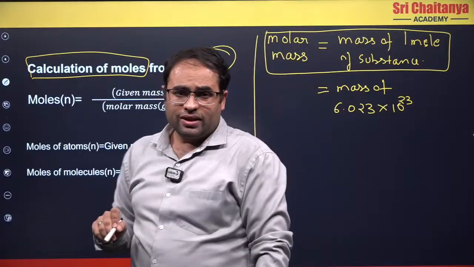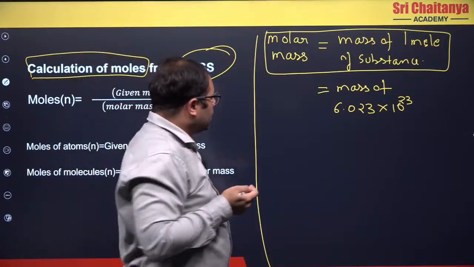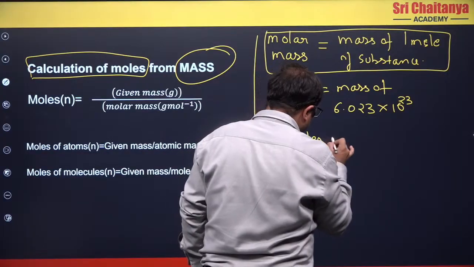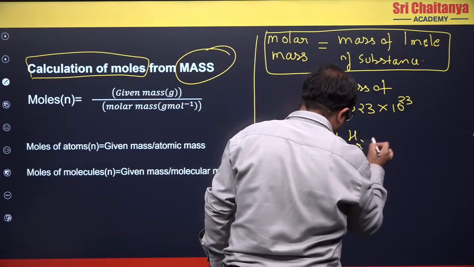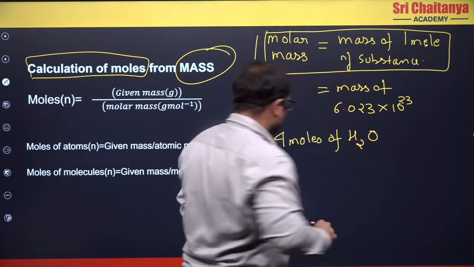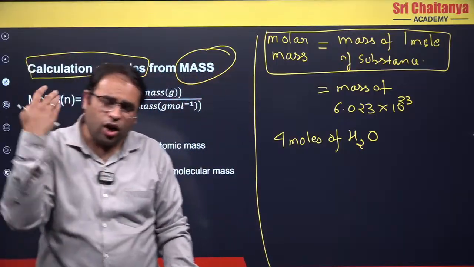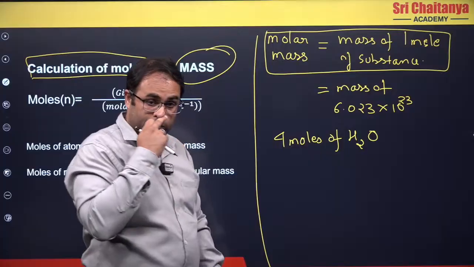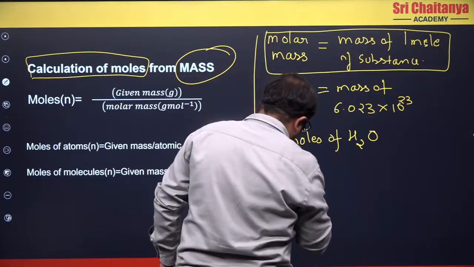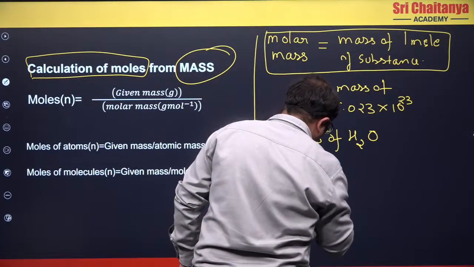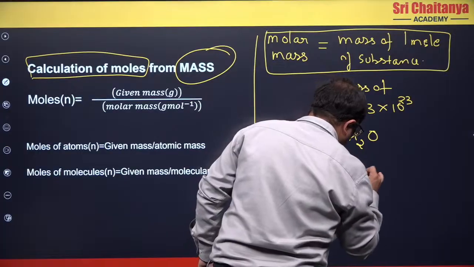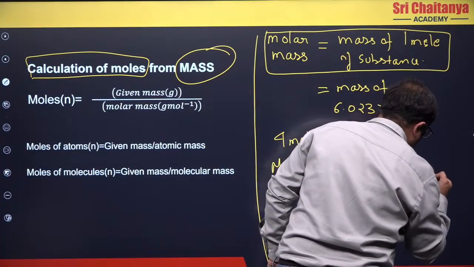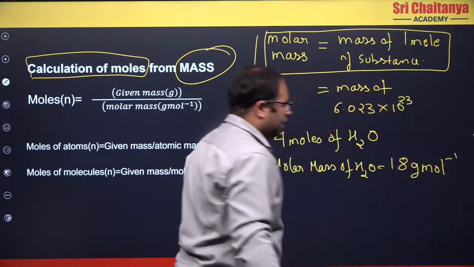Now suppose I tell you that I have 4 moles of water. Can you think of a way to calculate the mass of this 4 moles of water? And I will also give you that molar mass of water is 18 grams per mole.